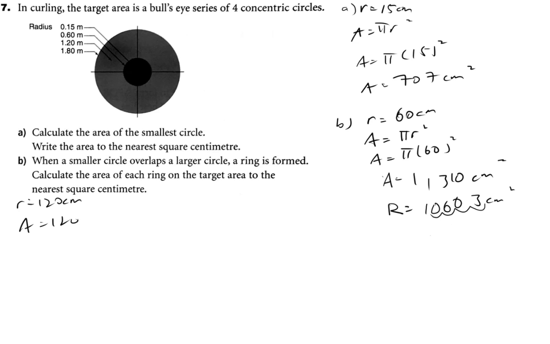Plugging this into our area formula, we're going to get pi times 120 squared. So pi times 120 squared is around 45,239 centimeters squared. And if we want to find the area of the ring, we're going to subtract this by this.